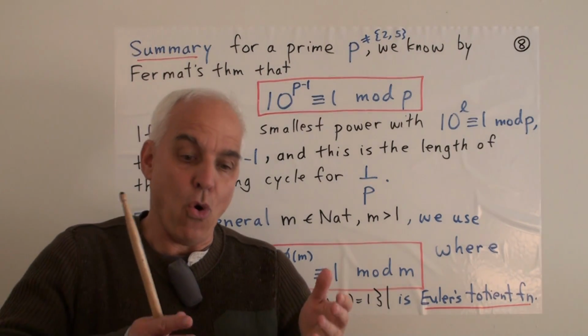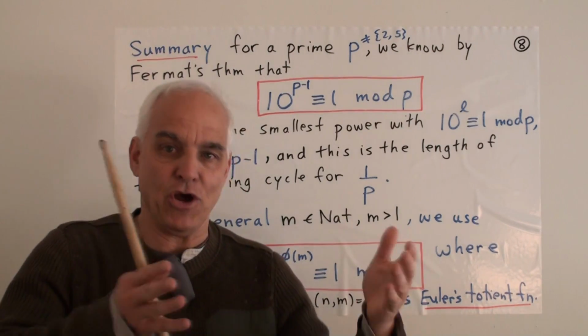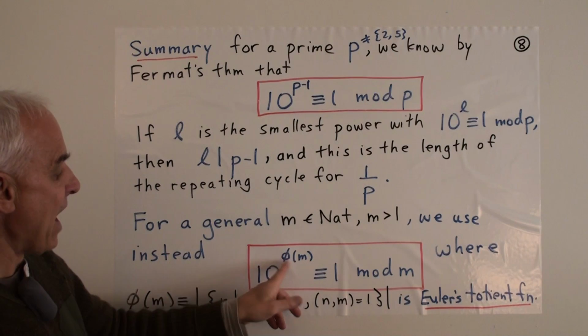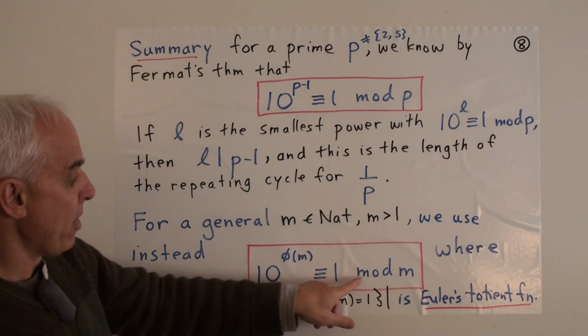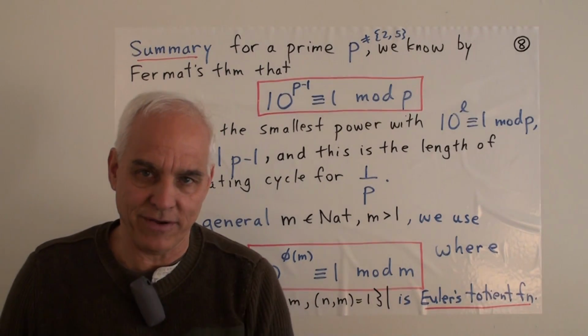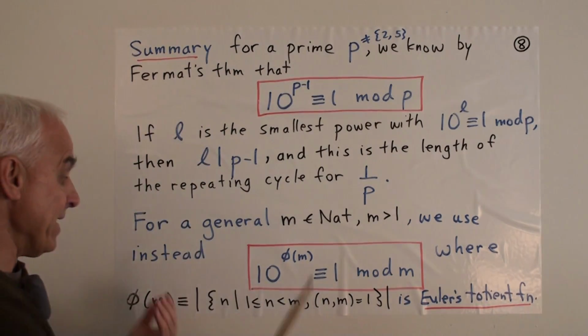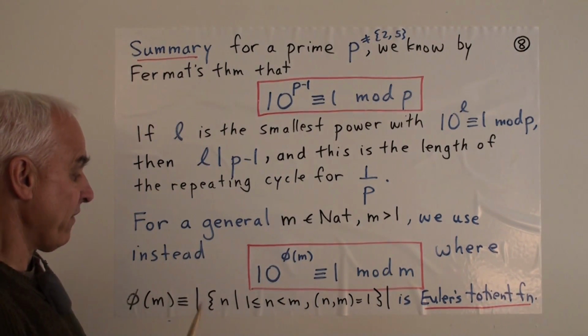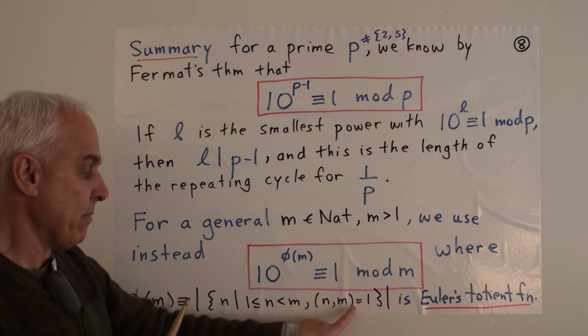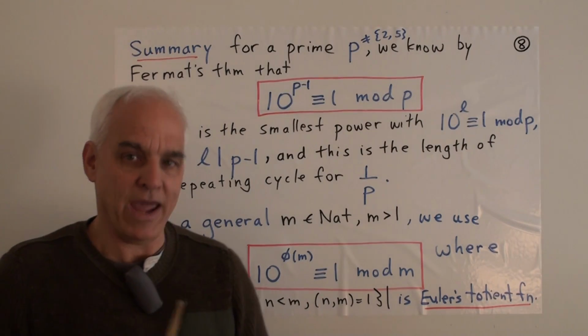That's Euler's generalization of Fermat's theorem. And I remind you that it's 10 to the phi of m is congruent to 1 mod m, where phi of m is Euler's totient function. And it's really the number of natural numbers between 1 and m which are relatively prime to m.